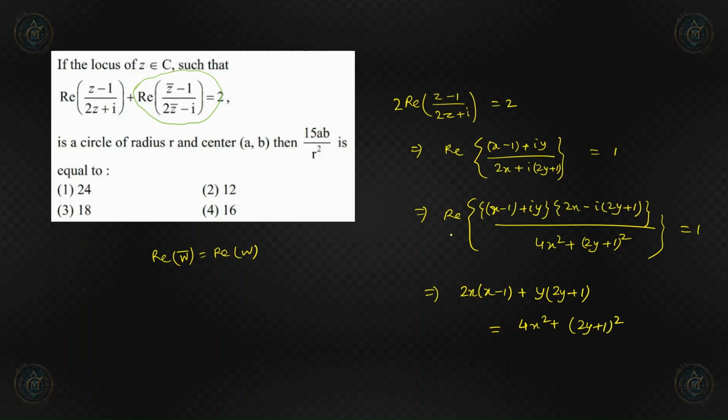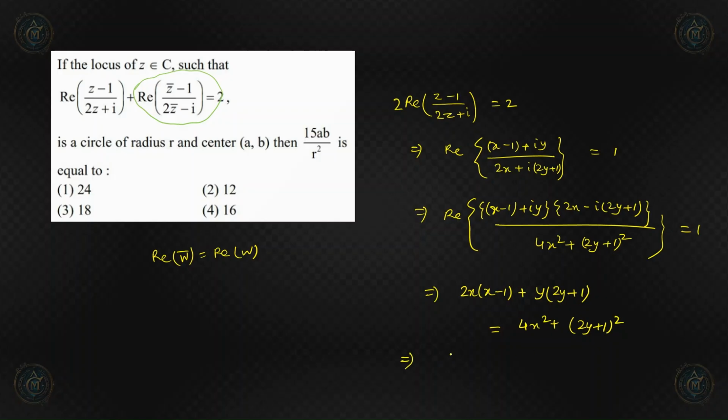Because we took the real part, the real part of the left hand side is this divided by 4x square plus (2y plus 1) whole square, and this real part is equal to 1. So we took 4x square plus (2y plus 1) whole square to the right hand side.